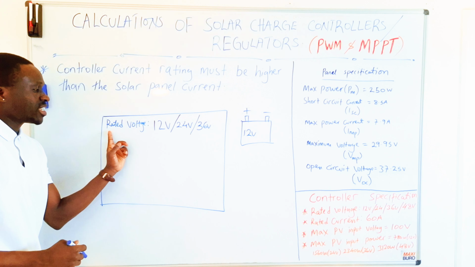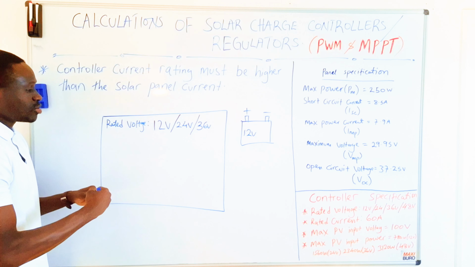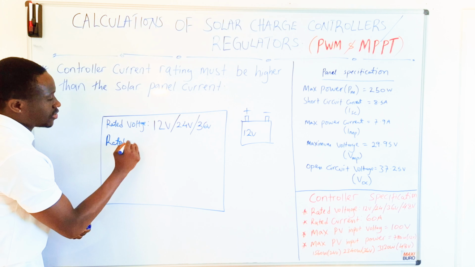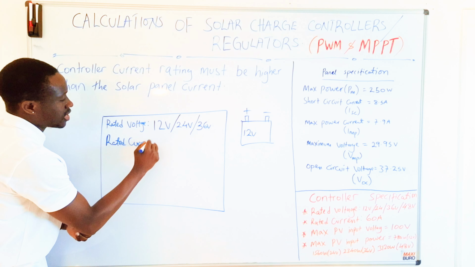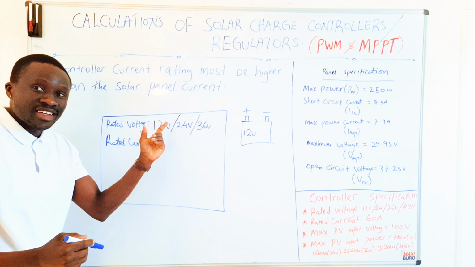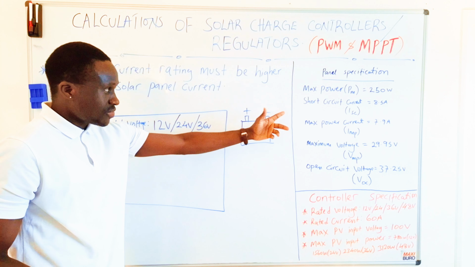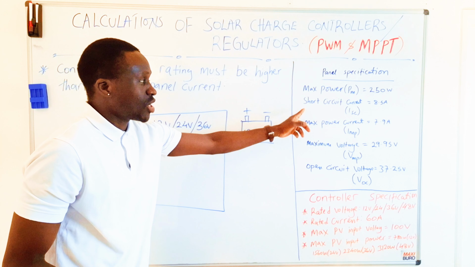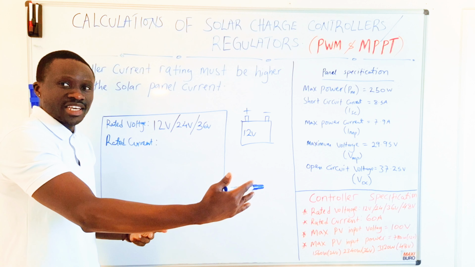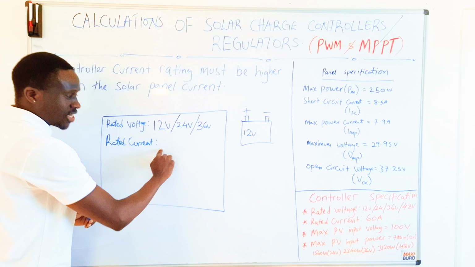Now you will find the rated voltages. This is the information. Then they will also put the rated current, the current which we have calculated. If you calculate your solar panel short circuit current times the safety factor, it gives you the current we are going to use here.